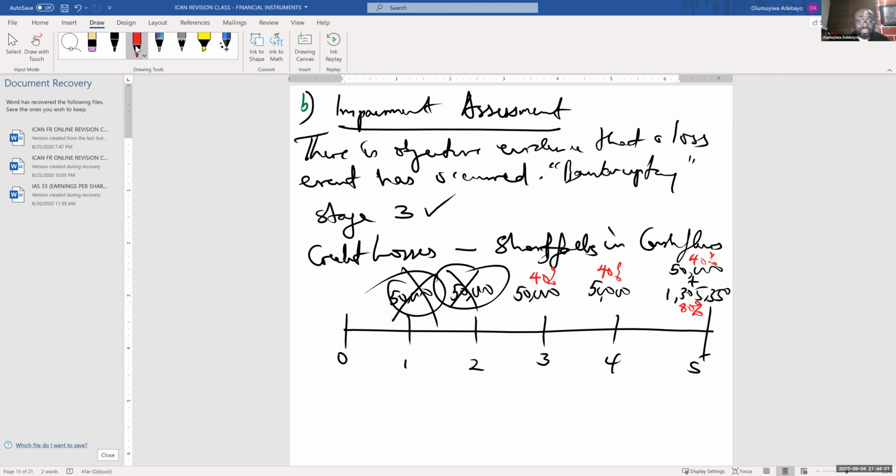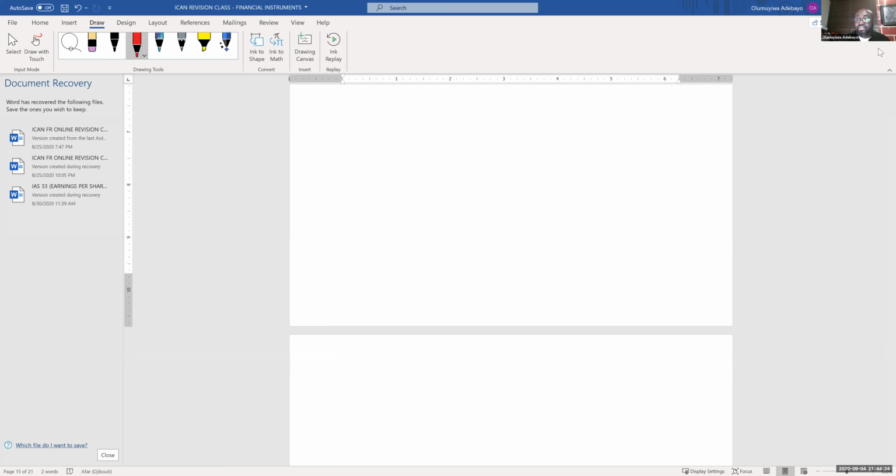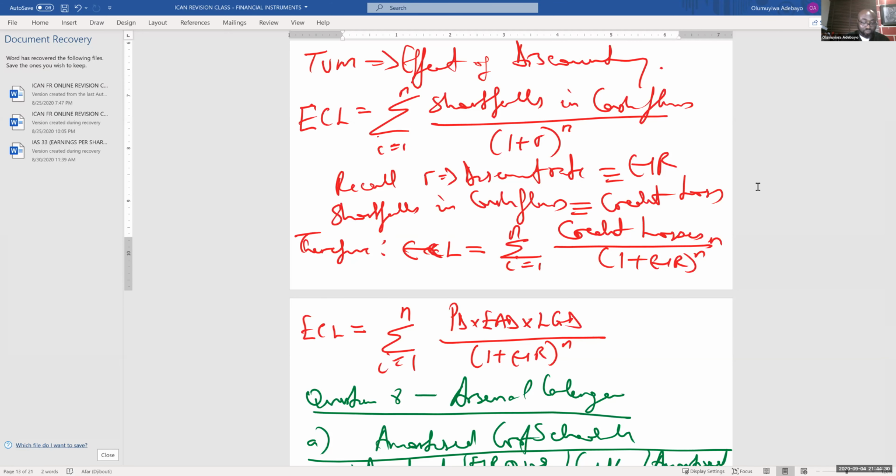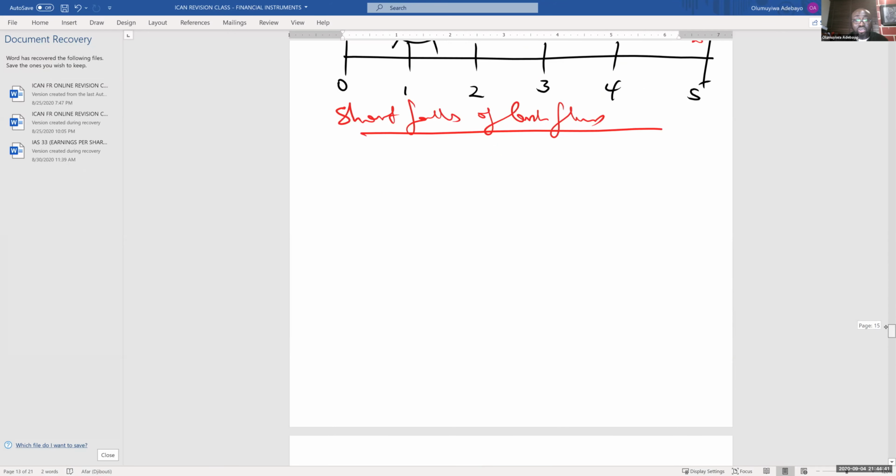Which then means that my shortfalls of cash flows are my loss given default. Given that I can only recover 40% of interest. And now come here, what is my shortfall?